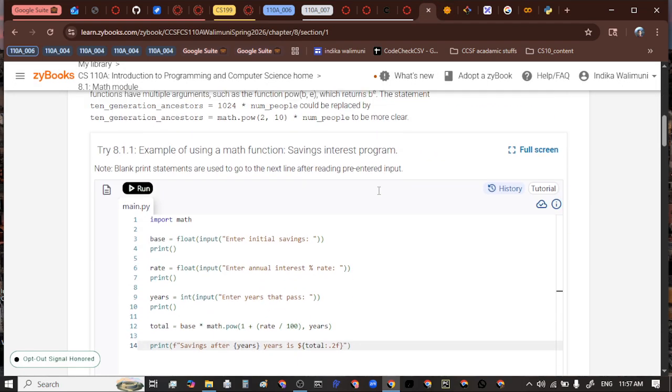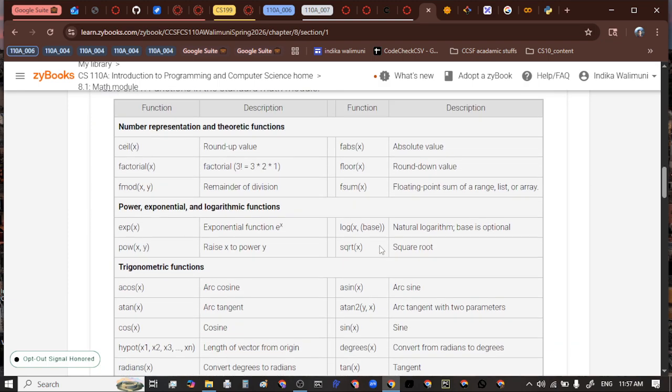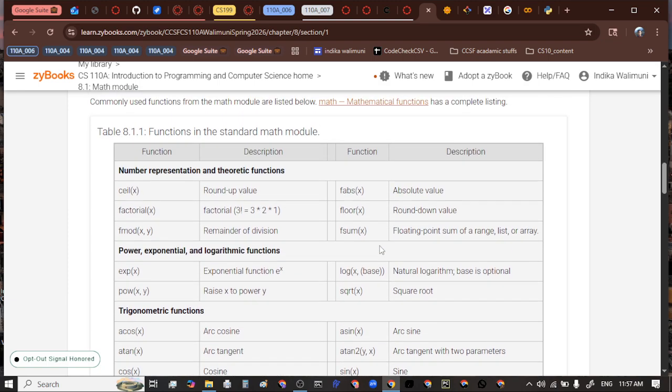All right. There are a bunch of math module functions over here. Let's take a look at the ceiling function, which rounds up the value.